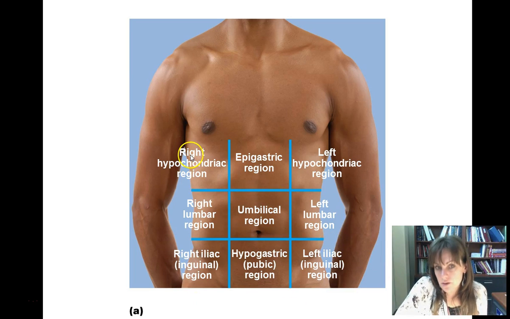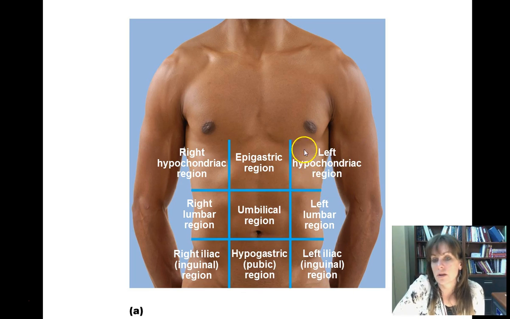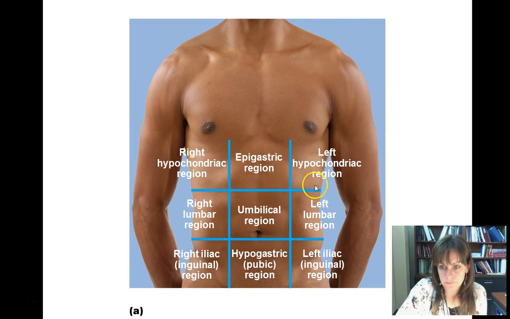And then the last two that are kind of left over are hypochondriac. And hypochondriac means somebody that always thinks they're sick, but not really, it's kind of in their head. So we've got right and left hypochondriac region. You could think maybe that these are closer to the head. So hypochondriac may have issues with their head. Okay.